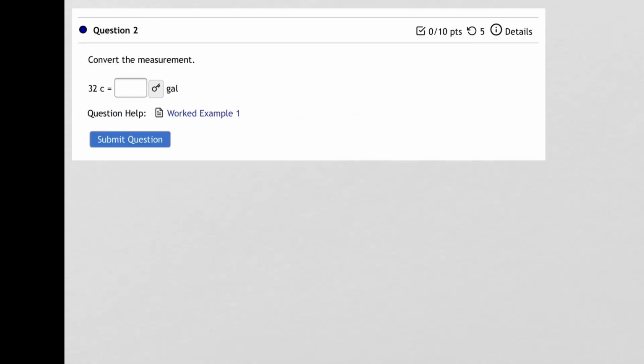So what do we know here? We know 1 pint is equal to 2 cups. 1 quart is equal to, what was it, 2 pints? And then 1 gallon is equal to 4 quarts.